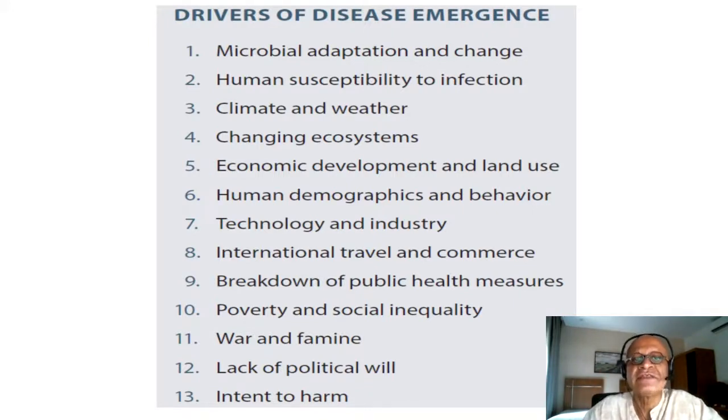So as a list, we can say microbial adaptation and change matters. Human susceptibility to infection itself is always a key factor. Climate and weather, of course, is what we are focused on here. Changing ecosystems, so droughts and floods affect vegetation very differently, and water puddles, standing waters, human congregation towards water, birds coming towards water, everything changes, right?